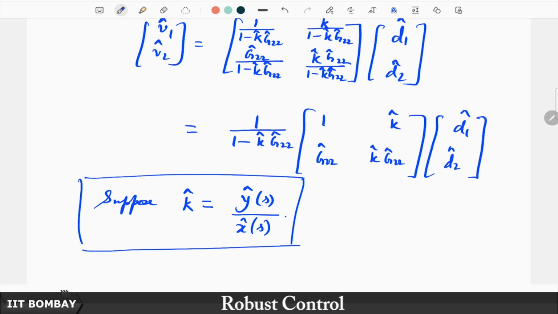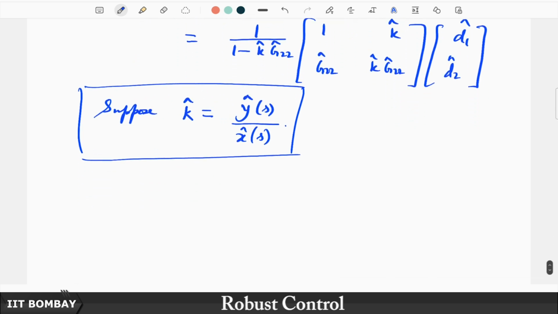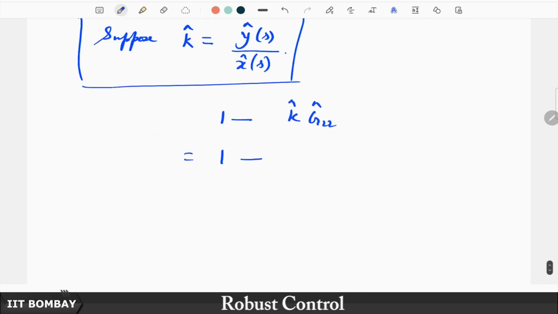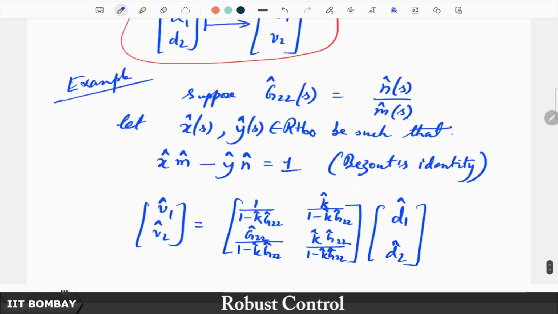Once you have understood this, you would know exactly what to look for in the multivariable case. So, what are we saying? Suppose you choose this as the controller, then what happens? You see immediately it follows that 1 minus k hat g22 hat turns out to be nothing but 1 minus y hat over x hat times what is g22?